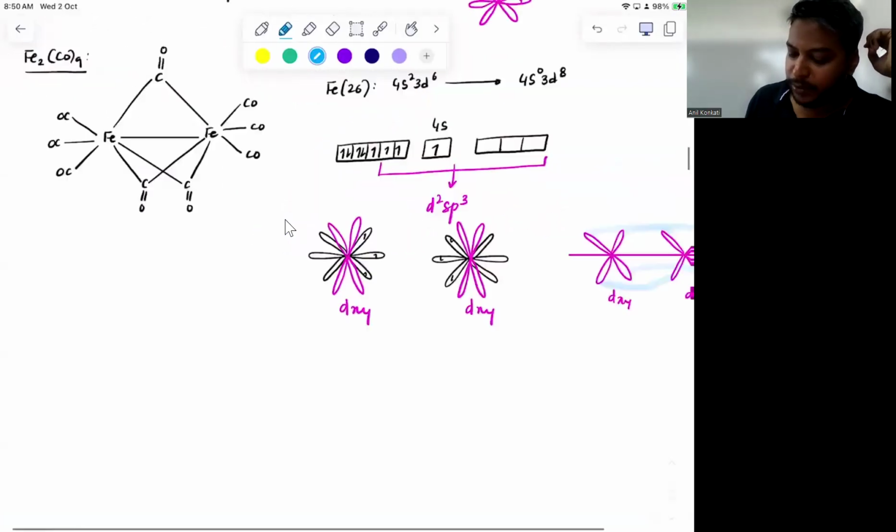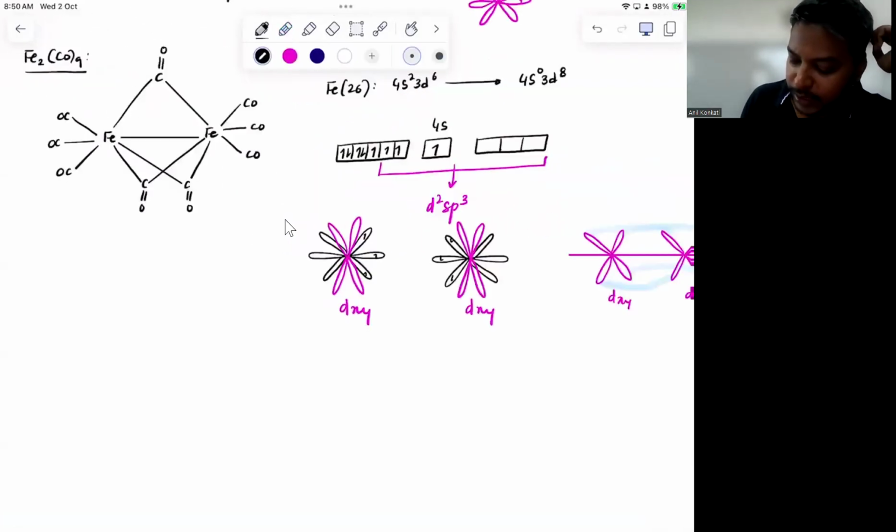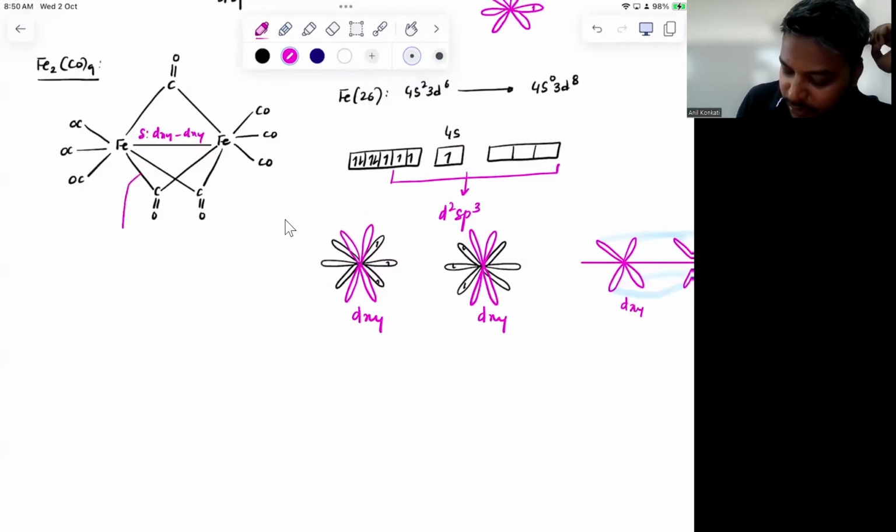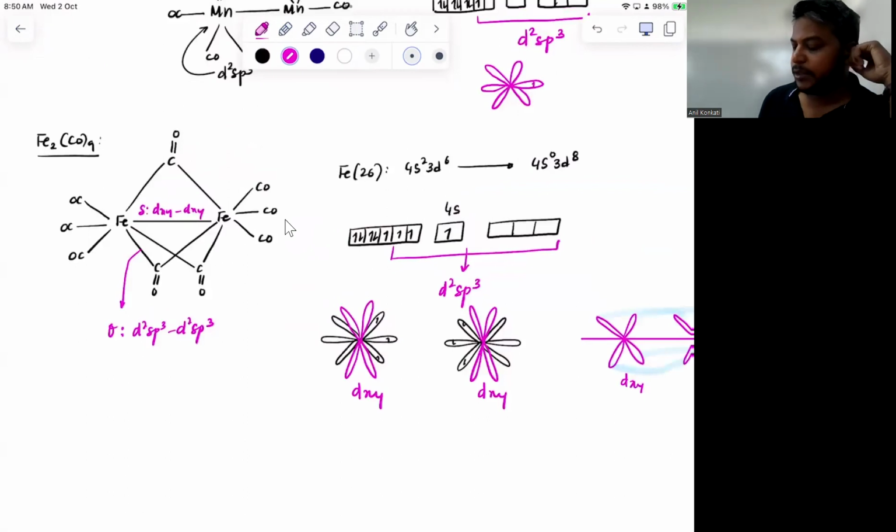So there will be one delta bond. So important to note that here we have a dxy, dxy delta bond. While the rest of these are all sigma bonds. The sigma bonds are between d2sp3 and d2sp3 overlapping.